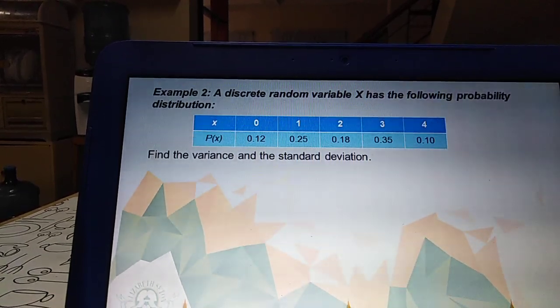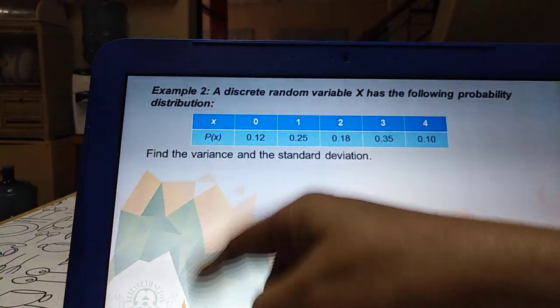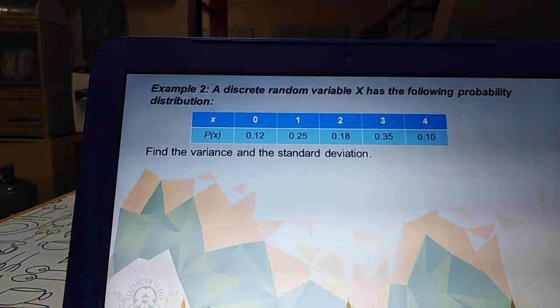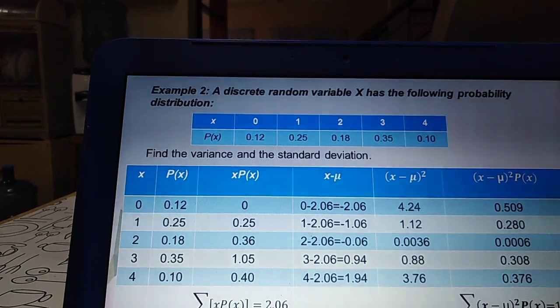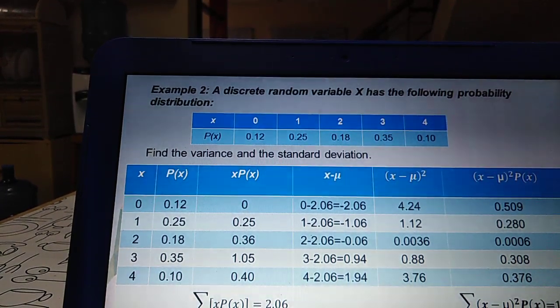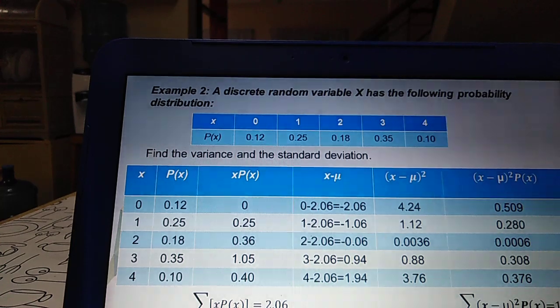So in the first column, we will see our random variable. On the second column, we are going to see our probabilities. On the third column, we multiply the random variable with its probability.